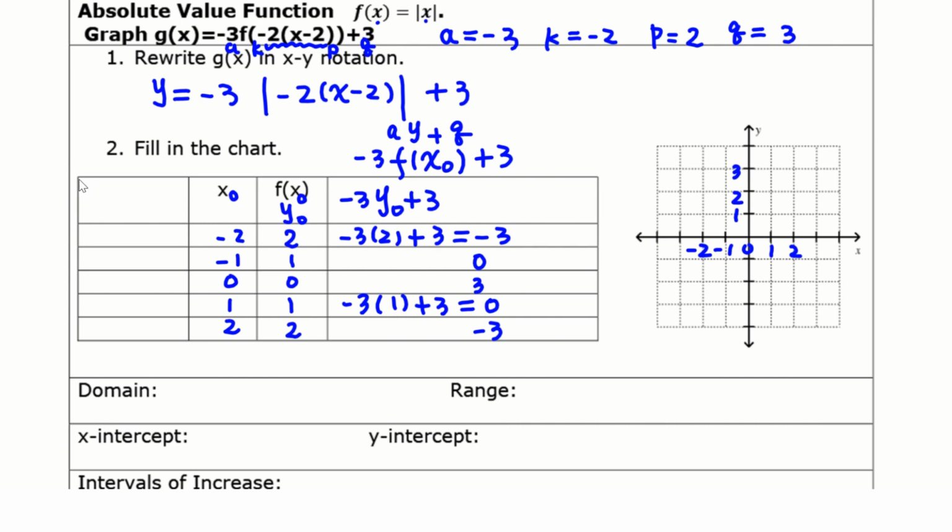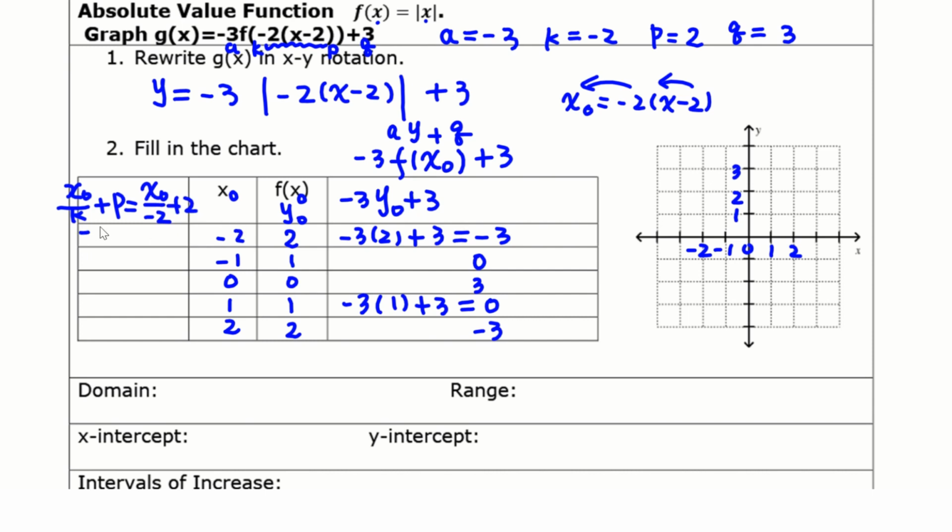For the new x coordinate, we solve for x0 equals -2 bracket x minus 2. Then you move the k to the other side, then move the p to the other side. You will have x0 divided by k, then plus p. So we sub in the k and p, and you will have divided by -2 plus 2.